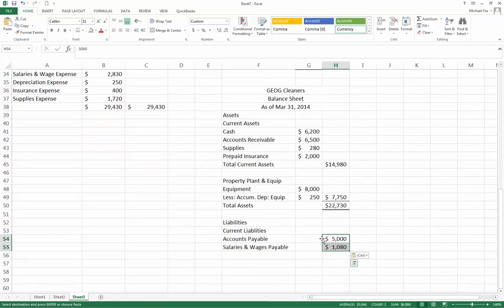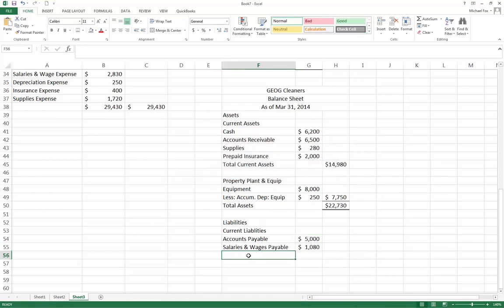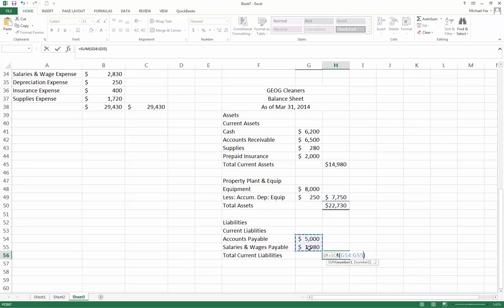I'll just move these over here. All right, and then that'll be our total current liabilities. We actually don't have any non-current liabilities, so our total current liability is going to equal our total liabilities. We can just leave it at that.